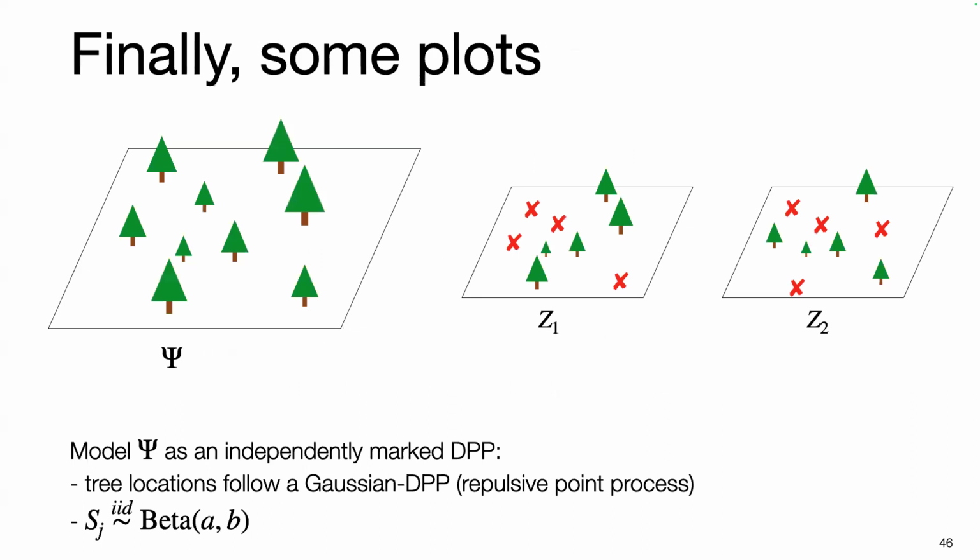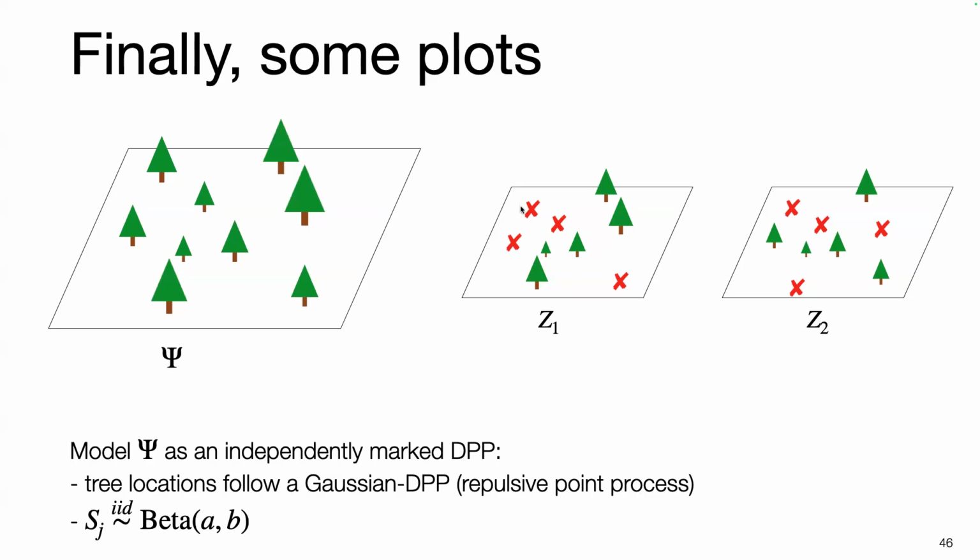And with this model, we analyzed the forest data that I was mentioning a while ago. In this setting, psi is modeling the forest. The location of each tree is x_j, and to each tree there is assigned an observable variable s_j that indicates how visible each tree is.